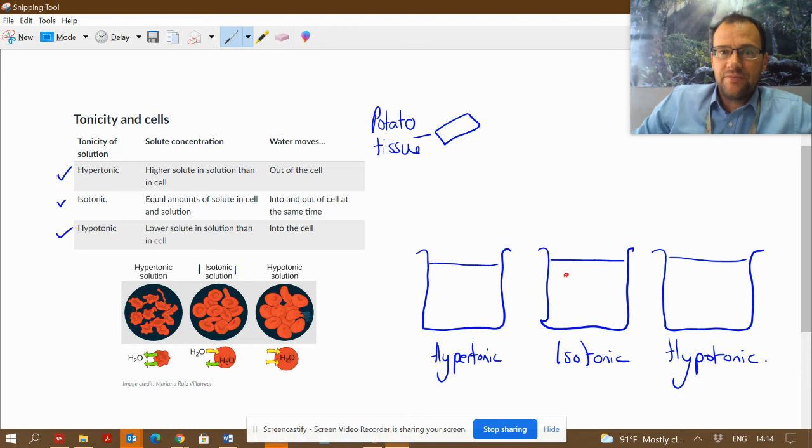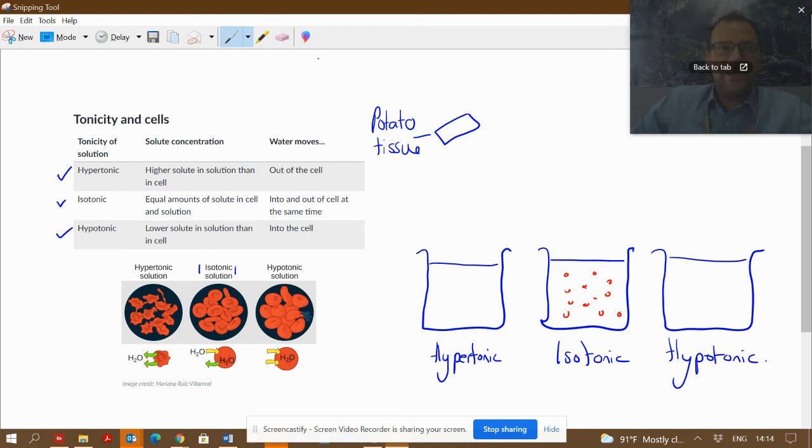Let's start with an isotonic solution, like that. The rest is water, let's assume. So we've got not a very high concentration of water, not a very low concentration of water.